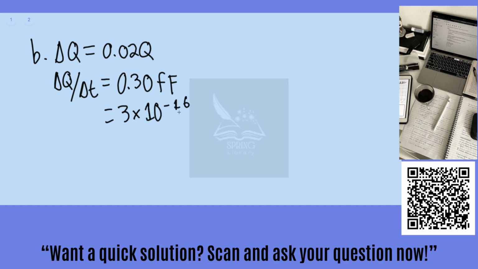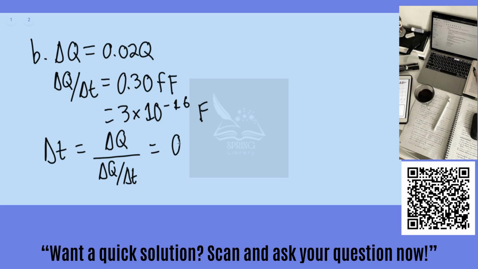And here we're going to have to say delta T is equal to delta Q divided by delta Q over delta T. So this would be 0.02 CV, and then divided by delta Q over delta T. So now we can actually substitute.